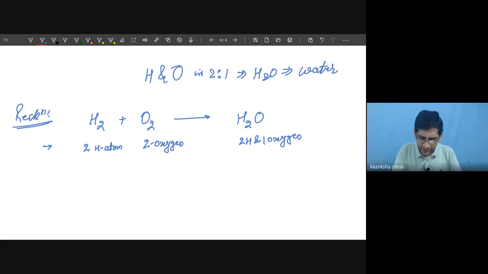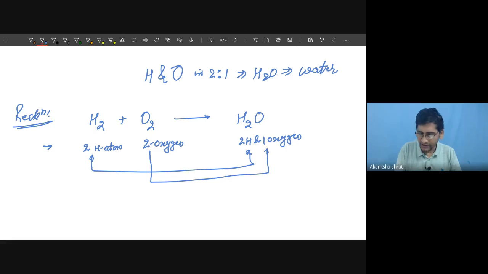It means the number of atoms in the reactant should also be equal to the number of atoms in the product. Here hydrogen and hydrogen are matching. But considering oxygen, oxygen is 2, but on the product side, on the right hand side, it is 1. It means we need to increase this because O2 cannot be reduced. So you need to increase this oxygen.